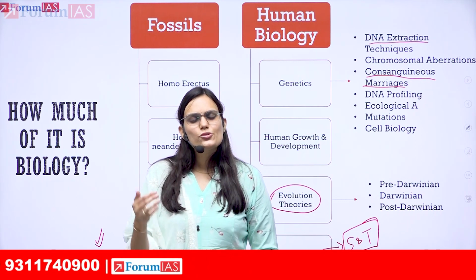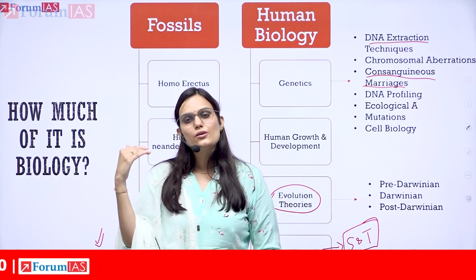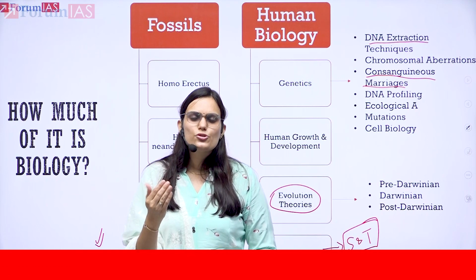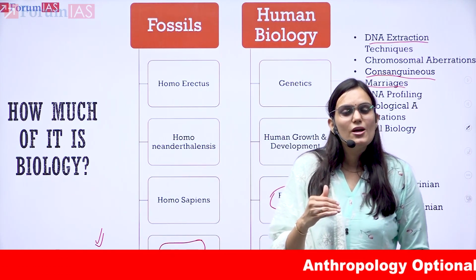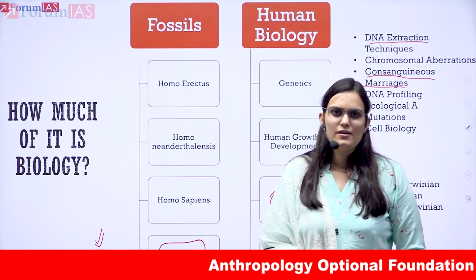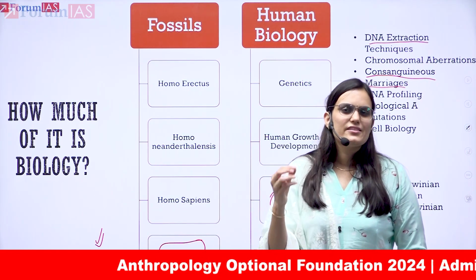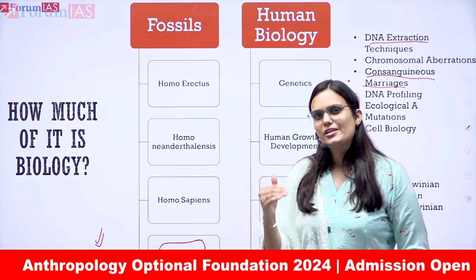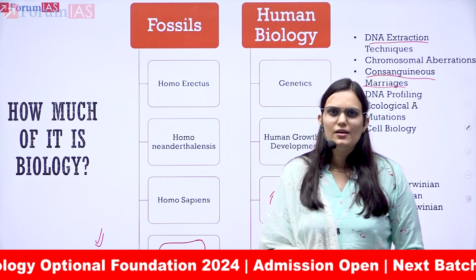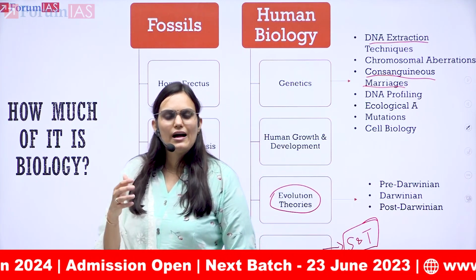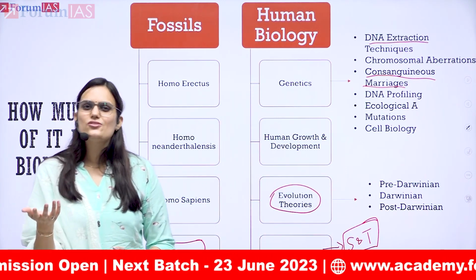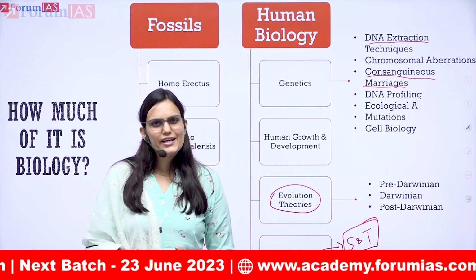No. There were theorists and scientists who came before Darwin to give us an idea of how evolution happened, and there were scientists who came after him also. Therefore, we categorize the theories into pre-Darwinian, Darwinian, and post-Darwinian categories. In recombinant DNA technology or RDT, you will study genetic engineering, which you study as a part of SNT.